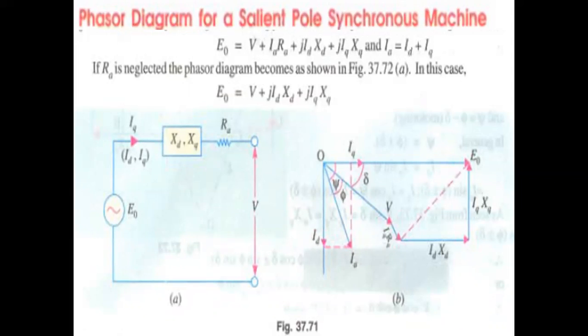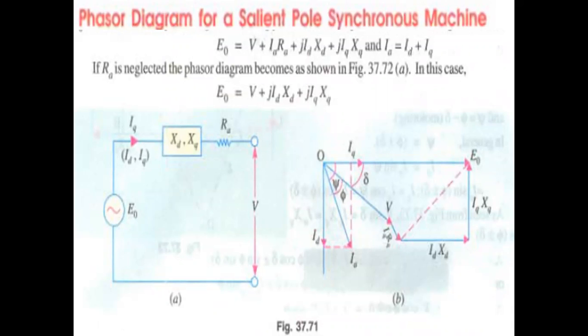And second, the armature reactance has two components. The D axis armature reactance is XAD, and it is associated with ID. And the Q axis armature reactance is XAQ, which is linked with IQ.